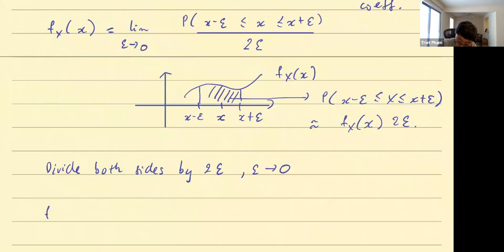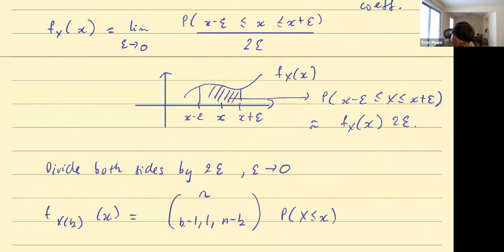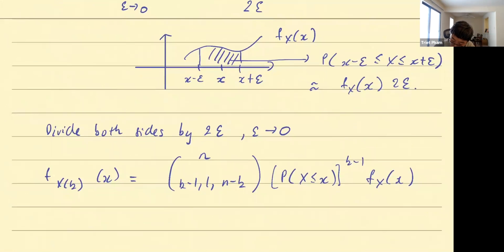You get the density of the kth order statistic is n choose k minus 1, 1, n minus k, times the probability X less than or equal to x raised to the k minus 1, times the density, times the probability X bigger than x raised to n minus k. That's the formula.